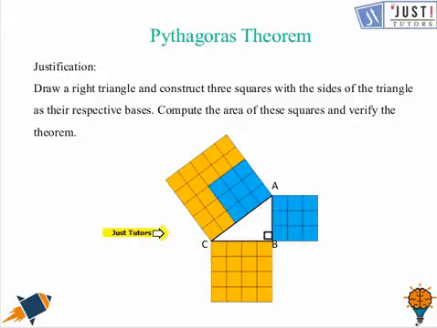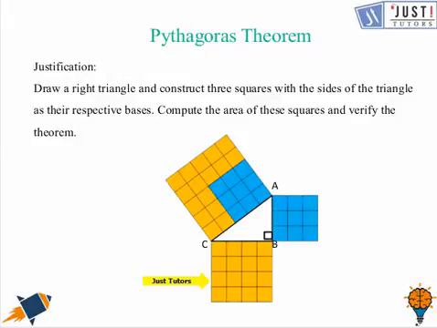So now when we compute the area of these squares, we see that the square made on the hypotenuse will be equal to the sum of squares made on the other 2 sides. So this proves our Pythagoras theorem that square of hypotenuse is equal to sum of squares of other 2 sides.